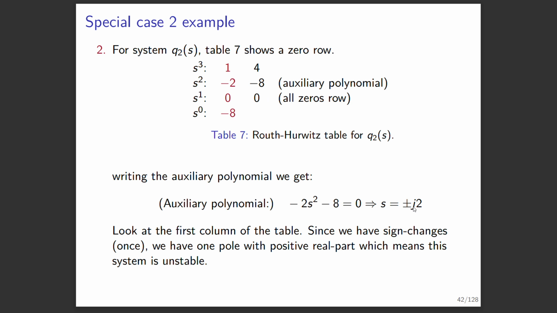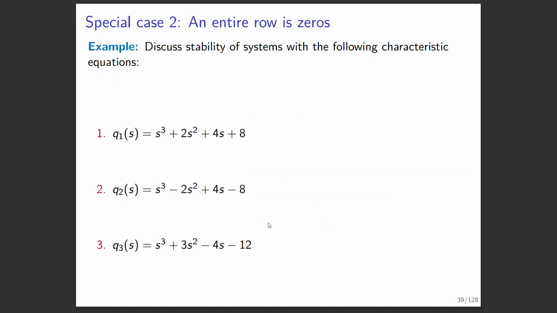But look here, I had a sign change. Because I have a sign change, the non-symmetric poles seem to be on the right-hand side. Looking at the first column of the table, since we have sign changes, we have one pole with positive real part, which means the system is unstable. So Q1 was marginally stable, and this one is unstable.